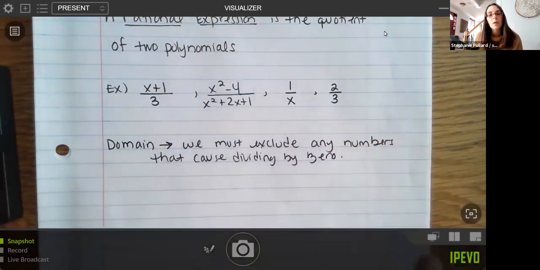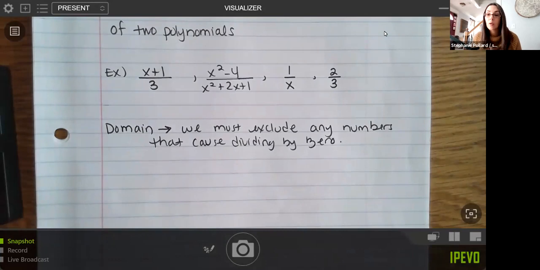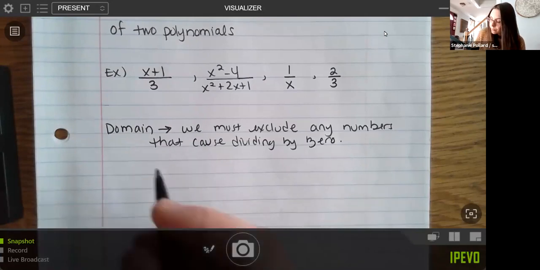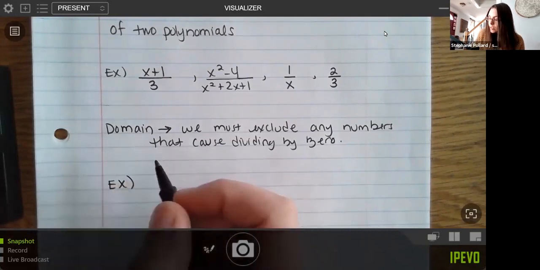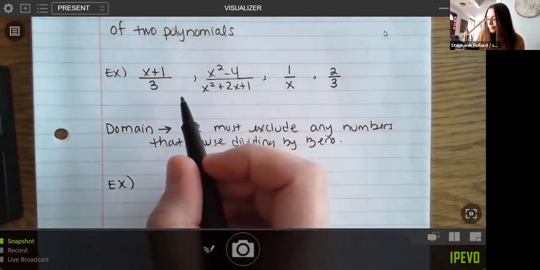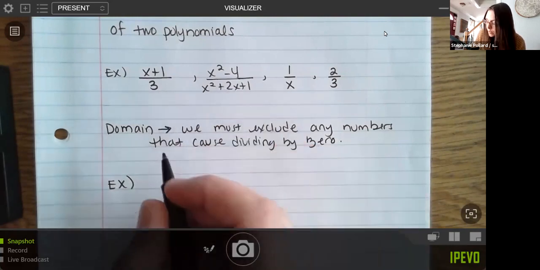So for us, the big thing is going to be watching out for those denominators. You need to make sure your denominator is not 0 when you're dealing with rational expressions. So let's look at a couple of examples. Actually, maybe we can do some of these ones up here. Let's start with this one.